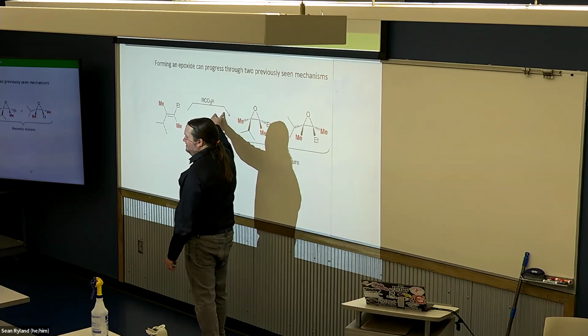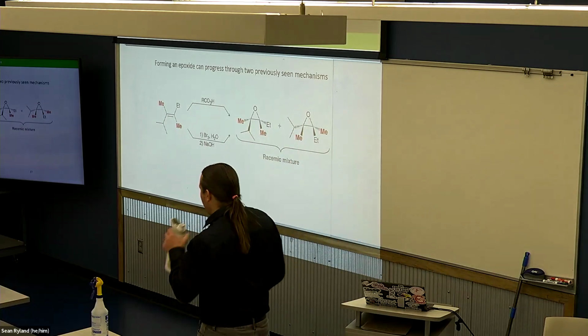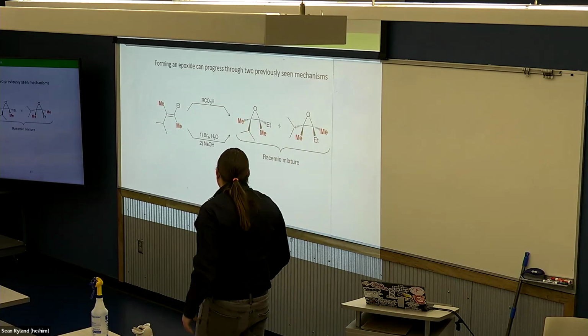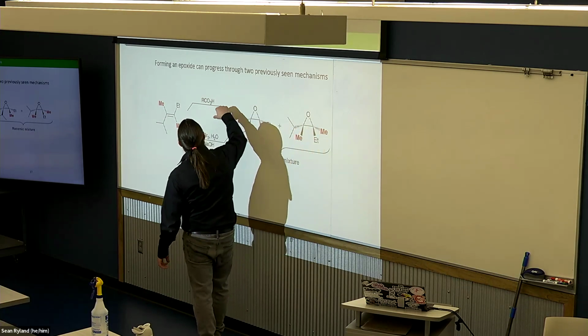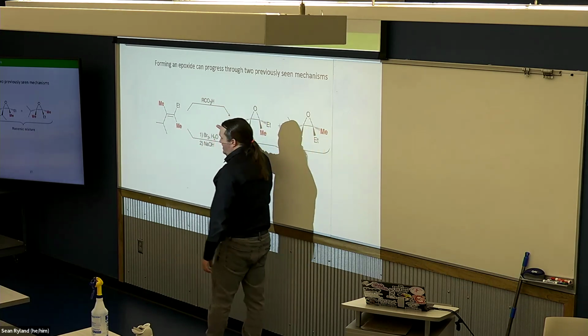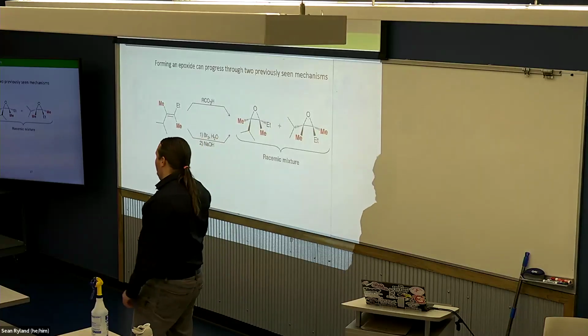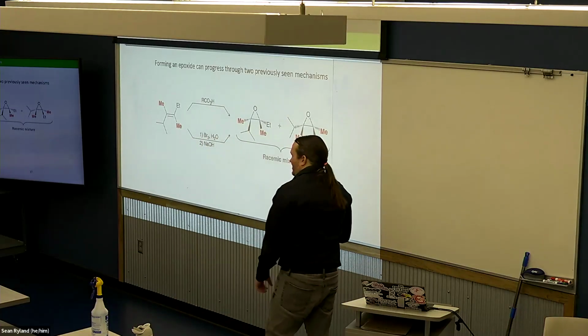More recently than you would like, on the midterm. Yeah, unfortunately. We're not gonna draw out the full mechanism here, but this is our go-to for making epoxides for now. Next week, we actually get to cover a Nobel Prize winning reaction.